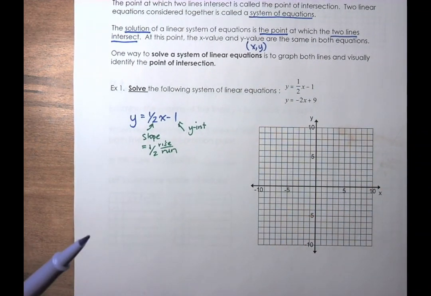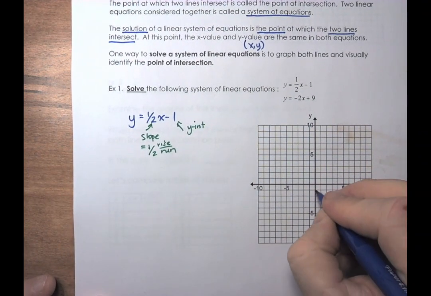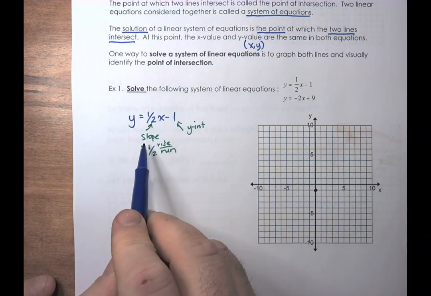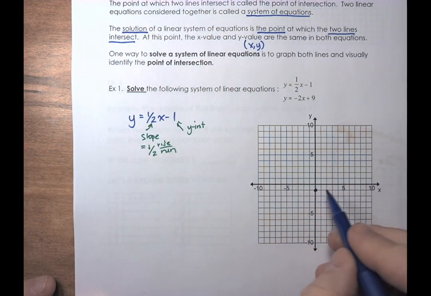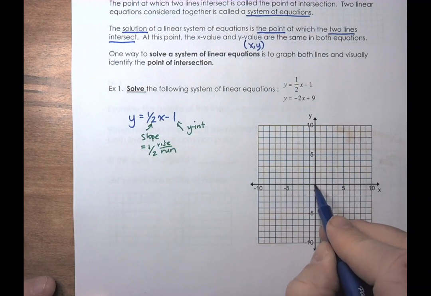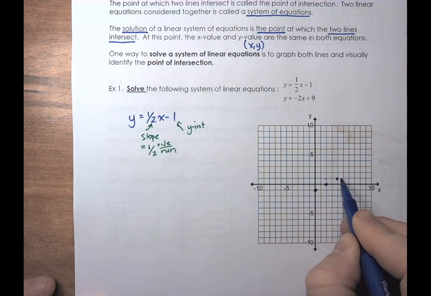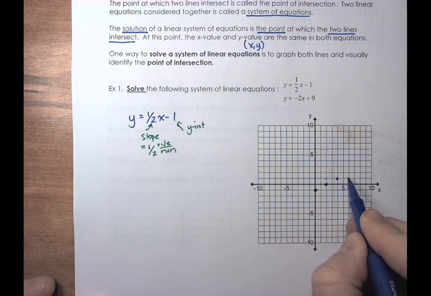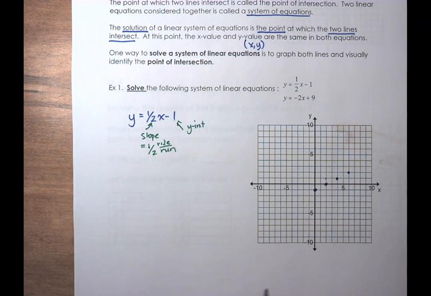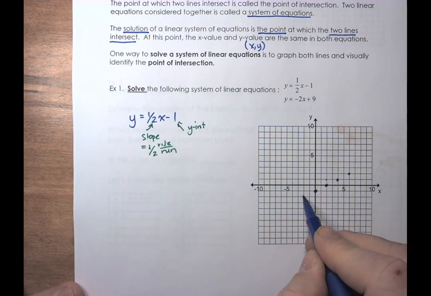I guess I should use blue because it's blue in the equation. And then I use the slope to find more points. So I know I have a rise of 1, run of 2, rise of 1, run of 2, rise of 1, run of 2, and so on, and I can go backwards.